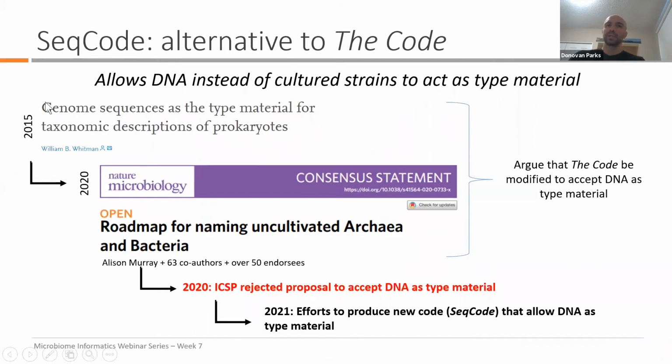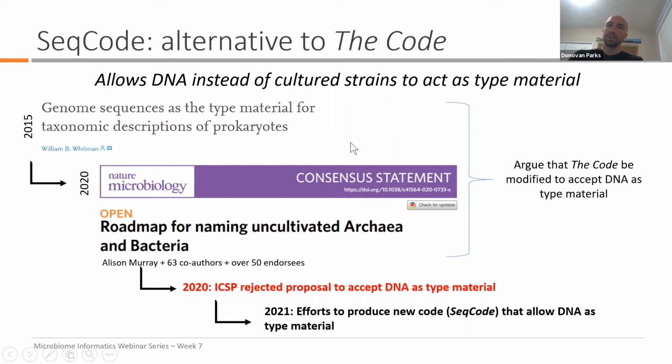The story starts back in about 2005, where Barney Whitman recognized this bottleneck and proposed that one way around it is that we could modify the current code so that we could use DNA sequences as type material instead of requiring it to be something that's in culture.